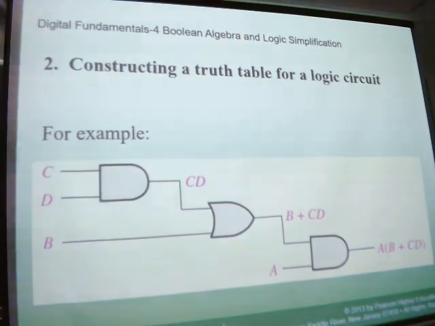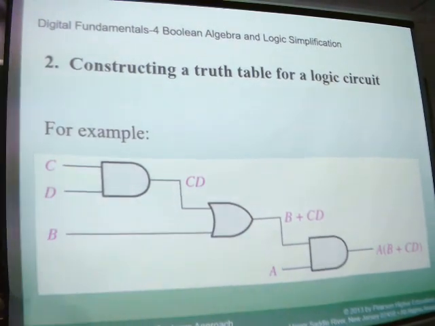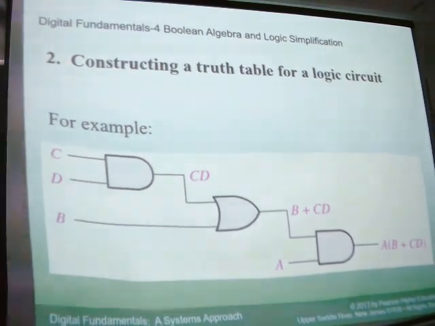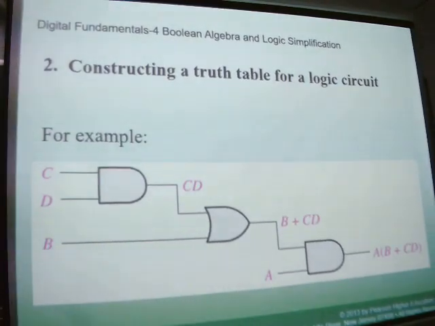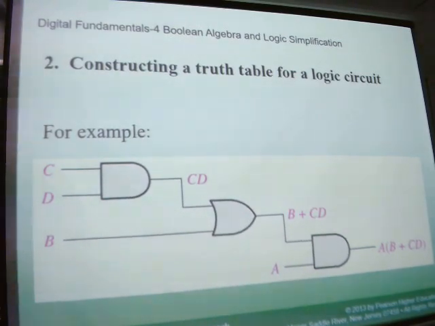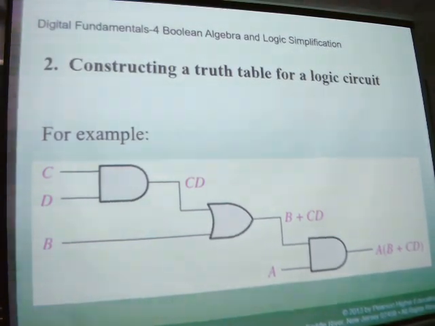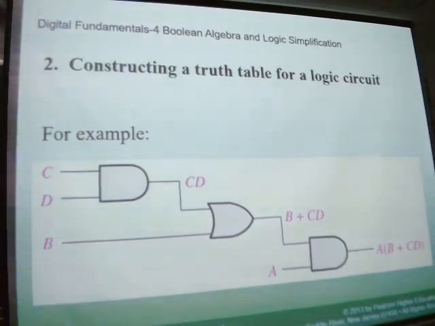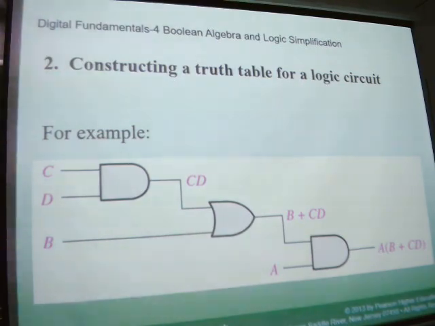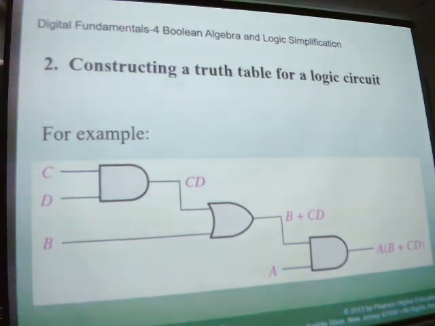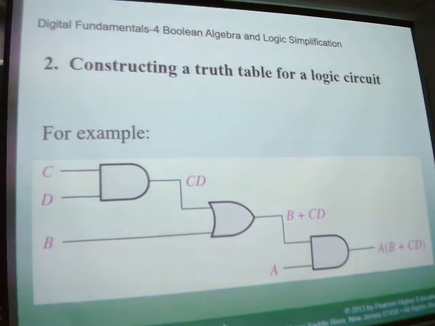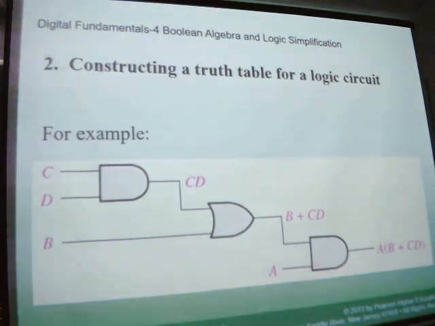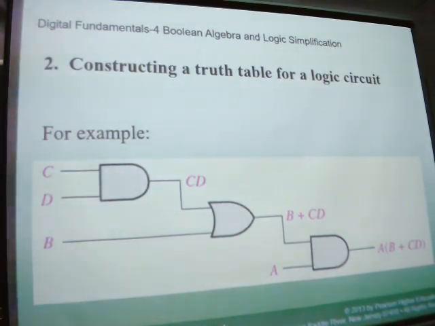Then ABCD equals 0, 0, 0, 1. Then also A equals 0, so the value of x3 is 0. Only when A equals 1.